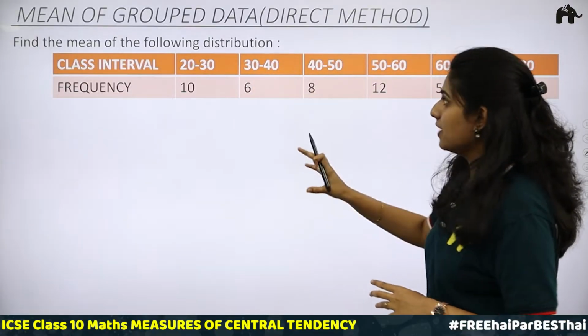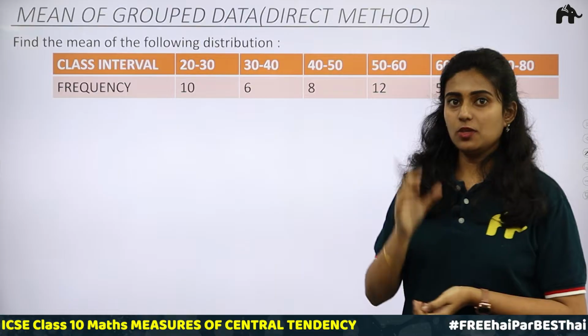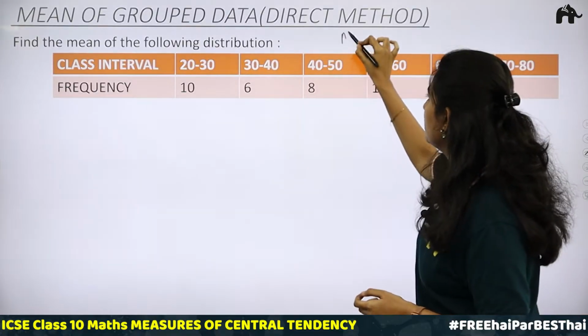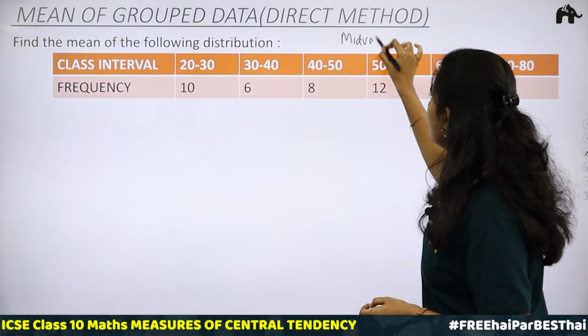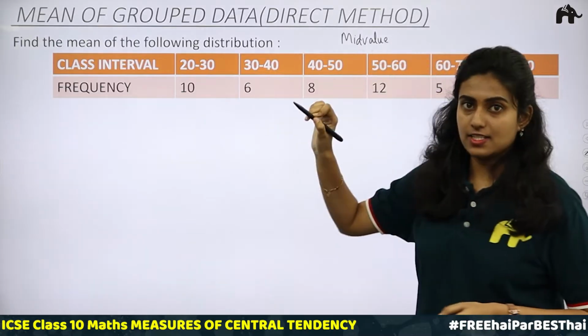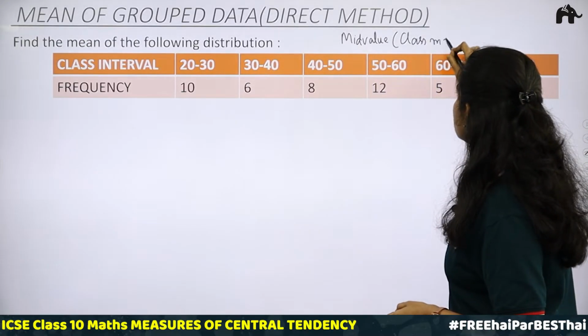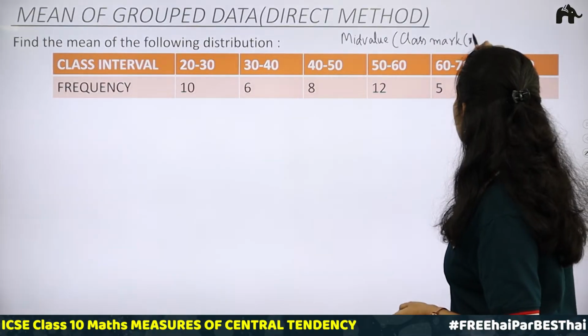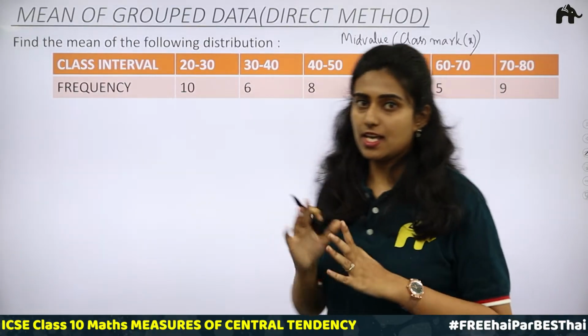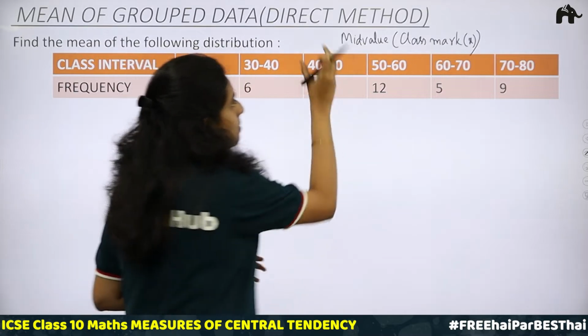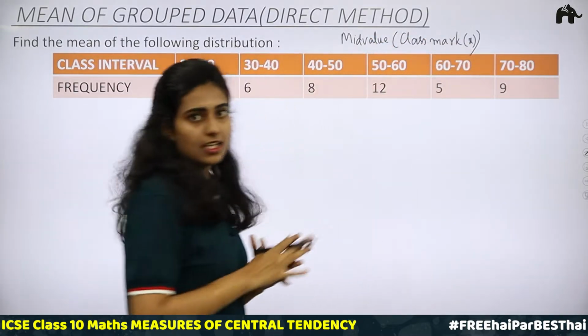Now, when it comes to finding the mean of grouped data, you have a term that is mid value. We will take the mid value of all the intervals, and this is called the class mark. So for each interval, you will have to find the class mark, and it is represented as x.